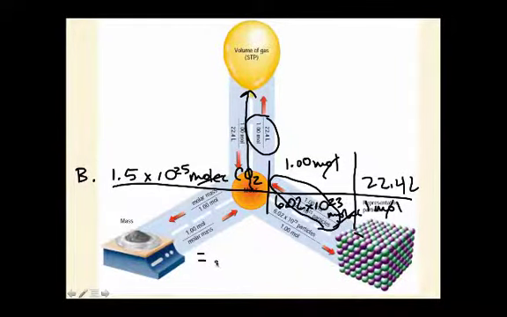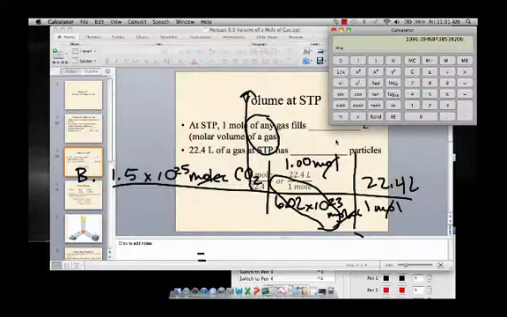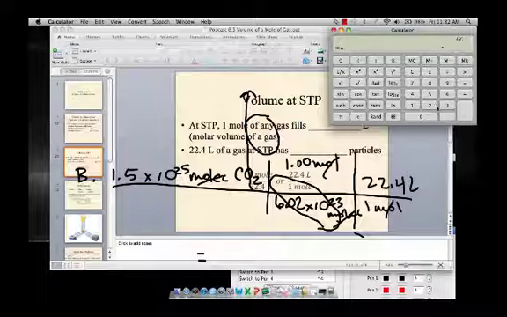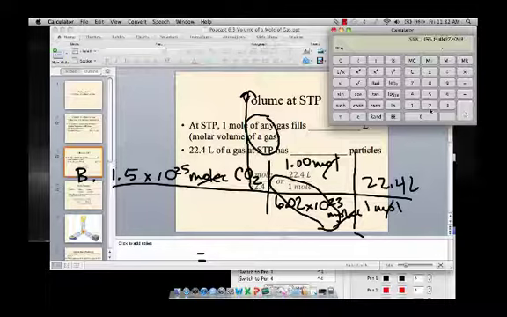So now it's time for our calculator. 1.5 E25 multiply by the top, 22.4. Okay, hit enter before you start dividing by the bottom, 6.02 E23. If you don't hit enter, then you might get the wrong order of operations, so we'll just be careful with that. And I get 558 liters.